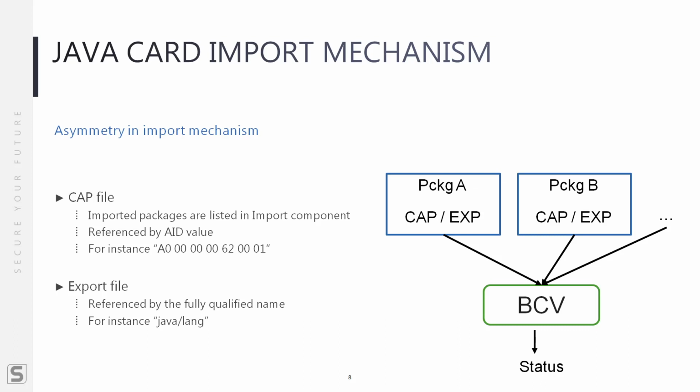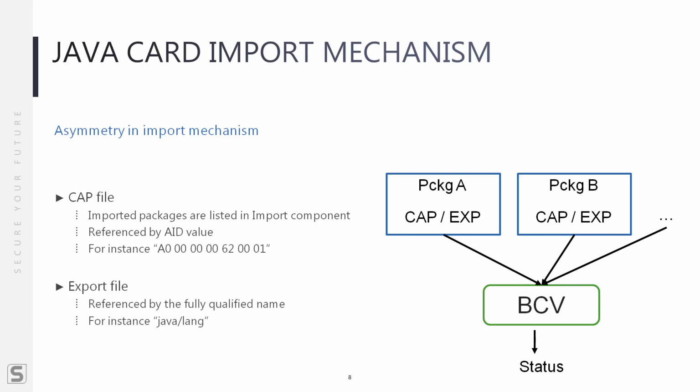Two file formats are used in the JavaCard technology, the cap file and the export file. As said before, the cap file contains the application code and is loaded onto the product. The export file contains all the needed data to generate a cap file and to verify it when a package imports another one. According to the JavaCard specification, there is an asymmetry between these two files.